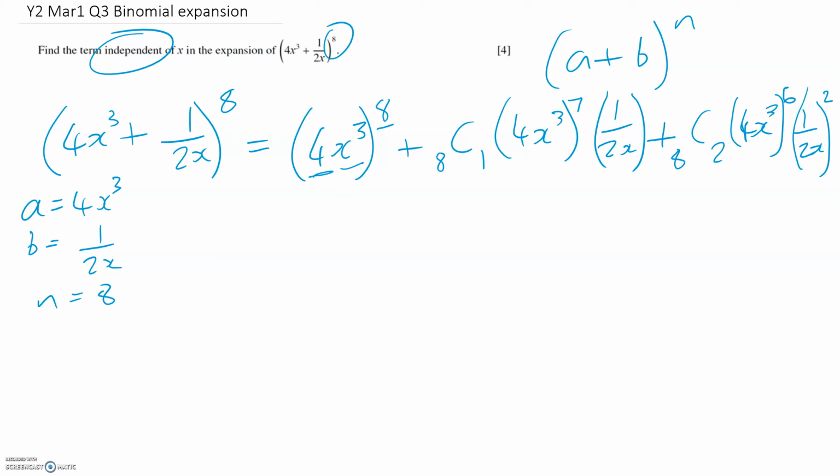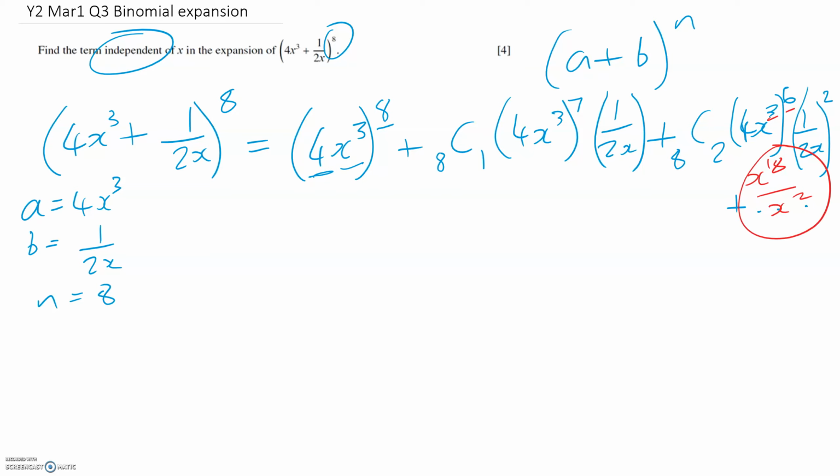Now, if you look at this, we've only done the first 3 terms here. We can see that this is going to give us x to the power of 3 times 6, which is 18, and this is going to give us 1 over 2x squared, which would give us an x squared term on the bottom. So these terms are nowhere near cancelling each other out at the moment.